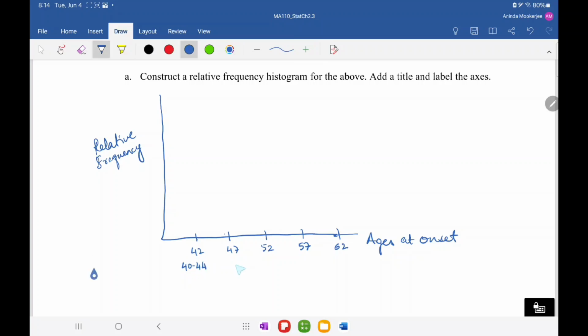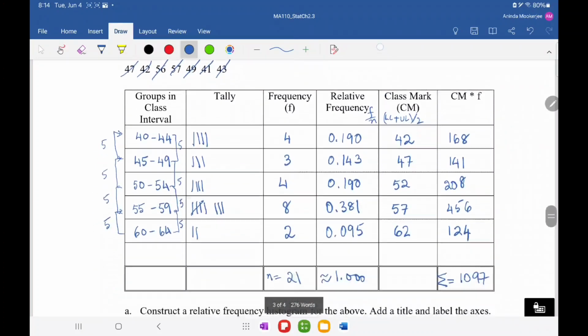We write the intervals here, that's fine too. All right, you will not be deducted points for writing in interval form or in class mark form. 50 to 54, then we have 55 to 59, and lastly it's 60 to 64, right? So either is fine.